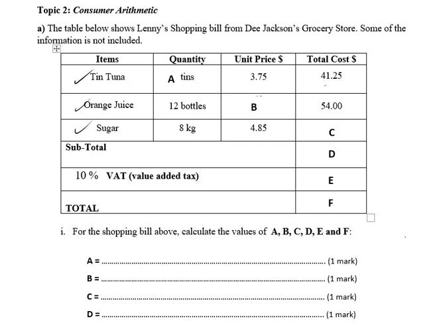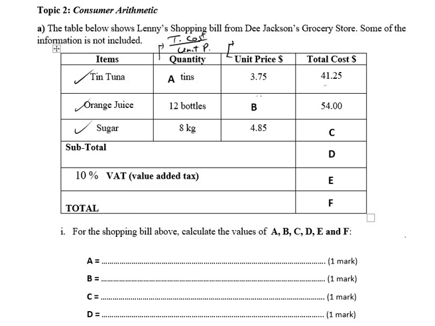All right, what's the quantity of tin tunas that were purchased? Well, to find the quantity, we will need to do what? We need to divide total cost by unit price. Okay, total cost by unit price. And let me just put the formula for all of these.